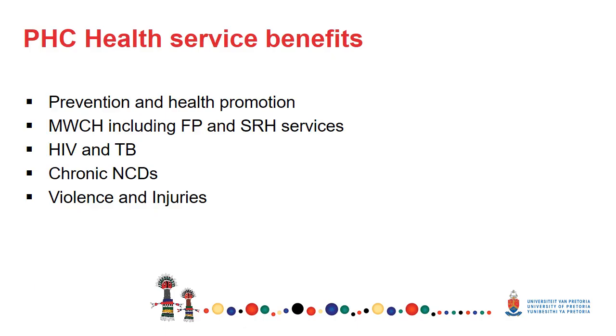So it will include things such as prevention and health promotion, maternal, women and child health, HIV and TB, as well as other communicable diseases, chronic non-communicable diseases, as well as violence and injuries, which I'm sure you would be able to identify as forming part of what is referred to as the quadruple burden of disease in South African lexicon.